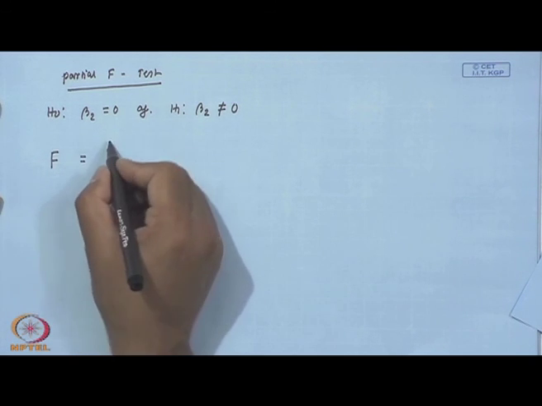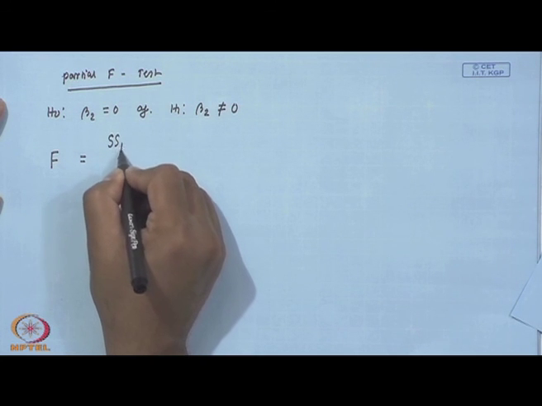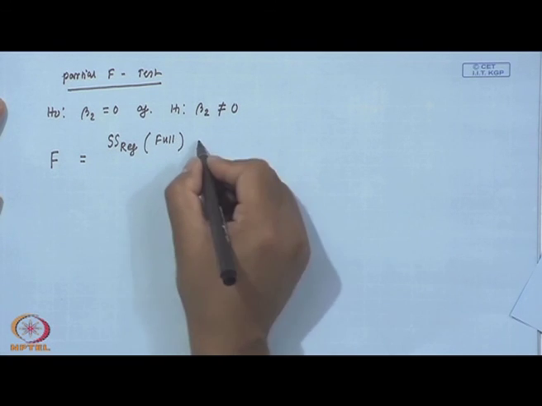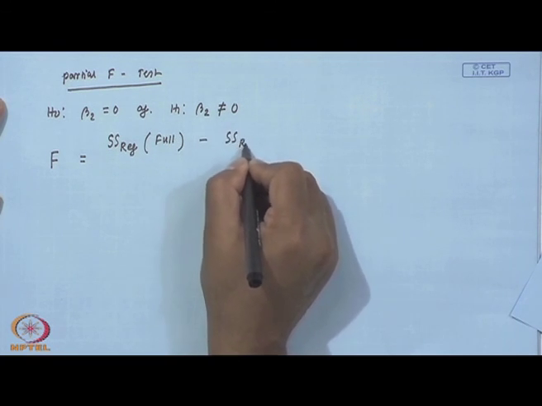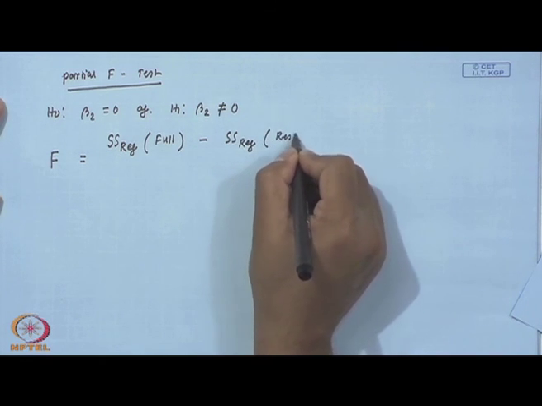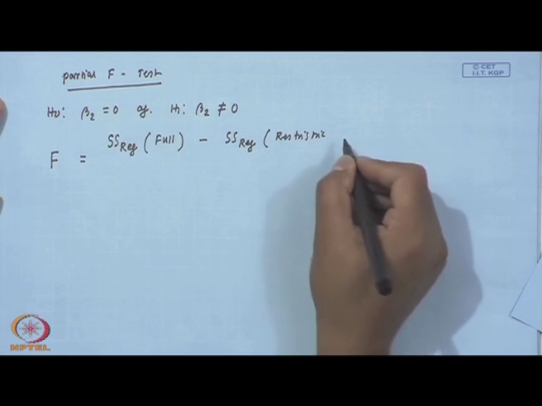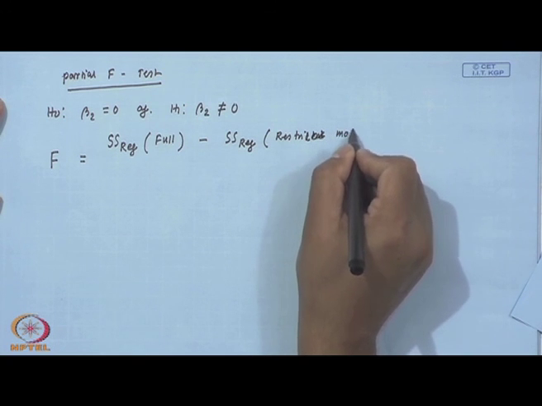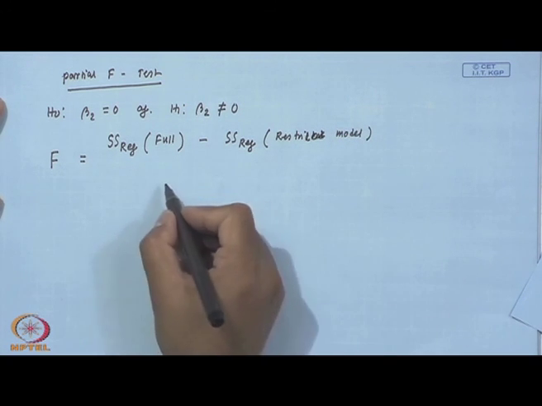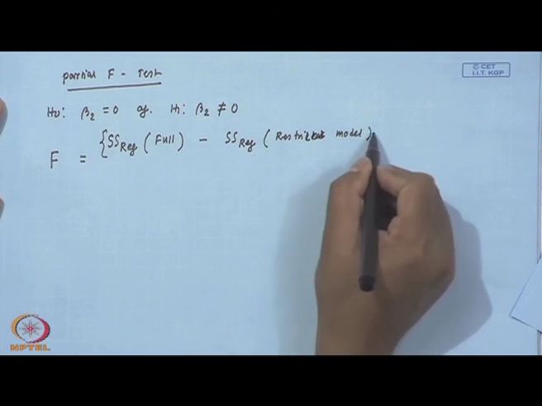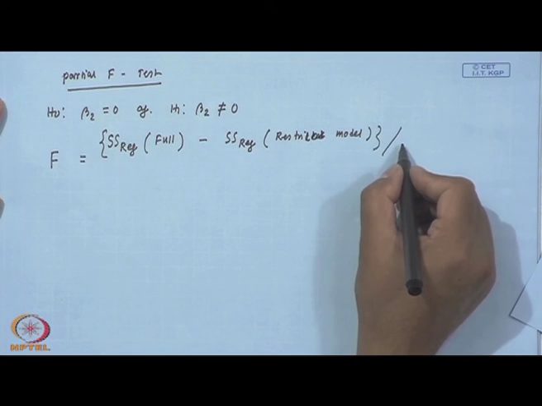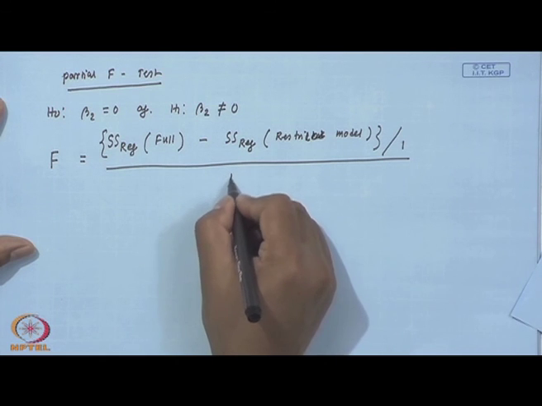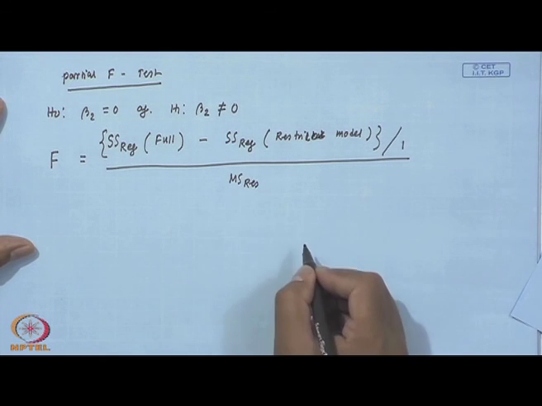F is equal to SS regression for the full model minus SS regression for the restricted model, divided by 1, over MS residual.